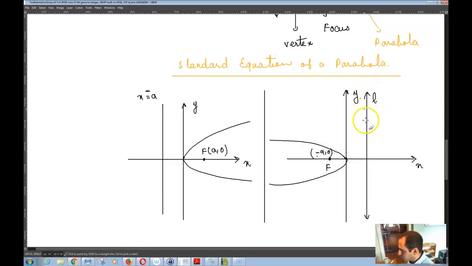The equation of this line would be x is equal to a, and you need to pay attention to the signs over here. So this is negative a, this is positive a, and that's another way of representing a parabola.